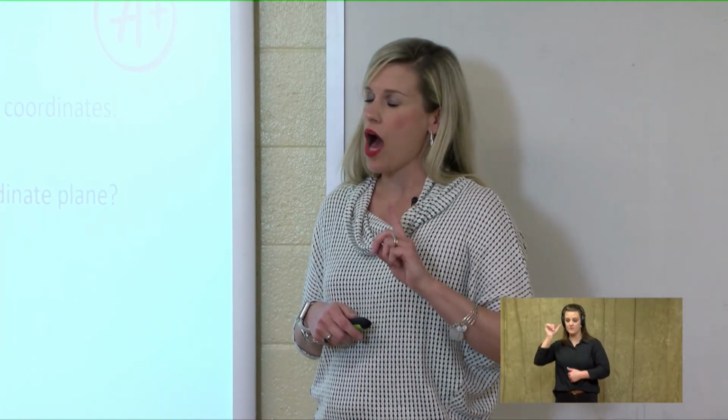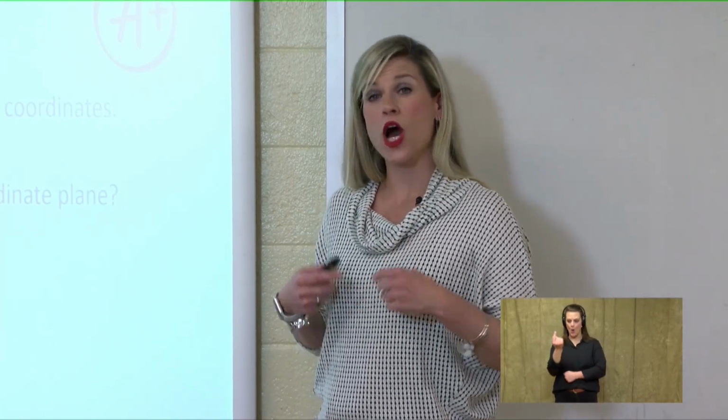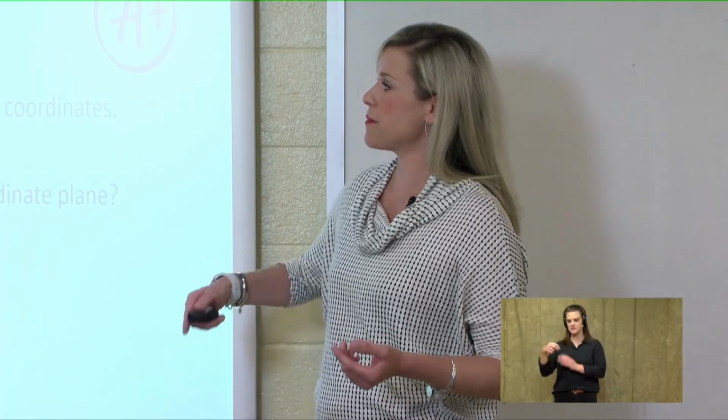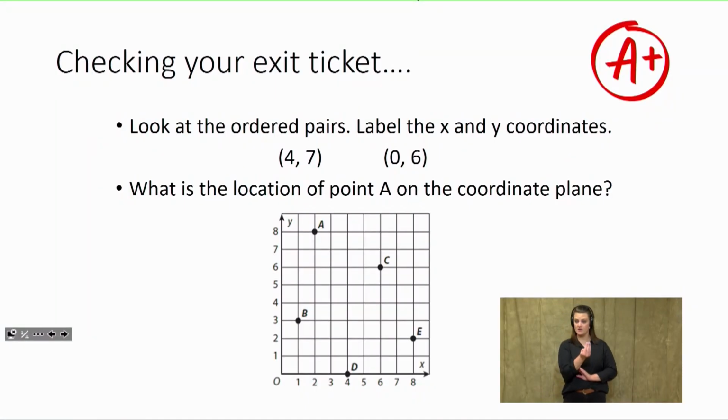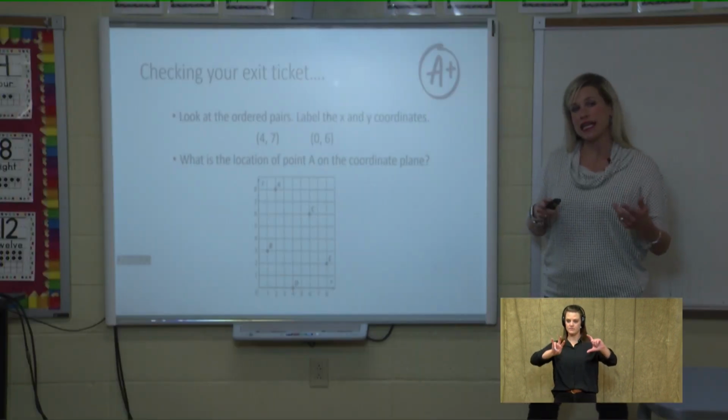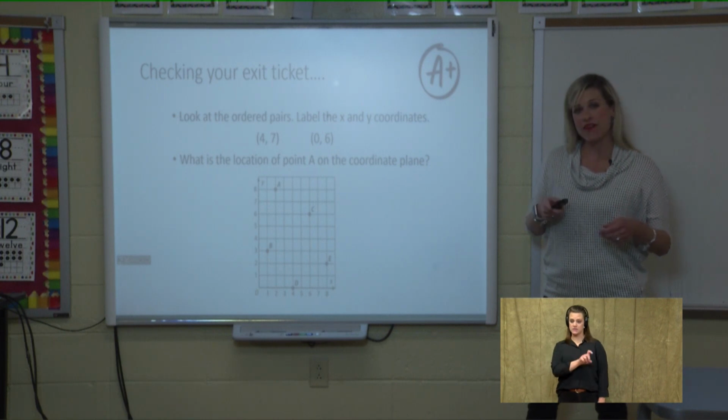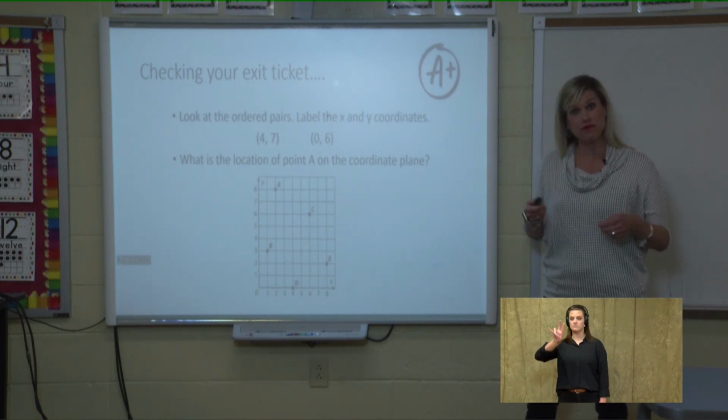Remember, I said I always check your exit ticket. On Monday, your exit ticket had you looking at the ordered pairs, and you should have labeled the x and y coordinates. So look at that first ordered pair there. Did you put that 4 was the x coordinate and 7 was the y coordinate?